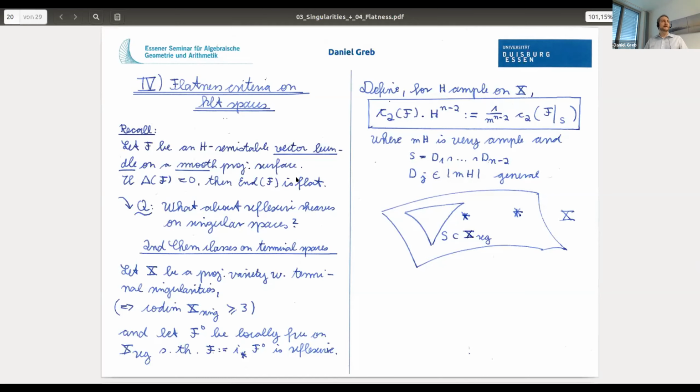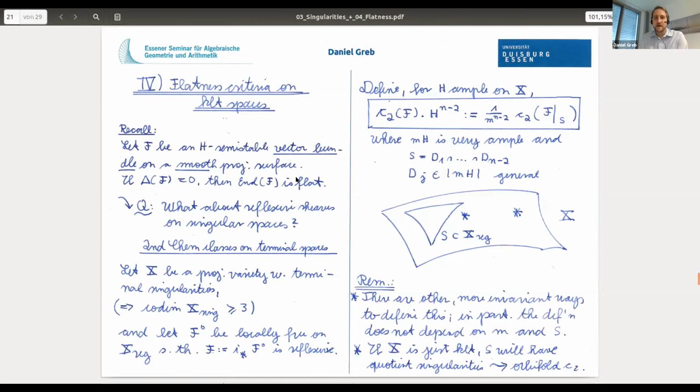Yeah, of course, again, this is just the most down-to-earth way of defining this so that you have some feeling. Proving functoriality properties with this is hard, and so this is just a remark. There are other, more invariant ways to define this. In particular, the definition does not depend on m and S as before.